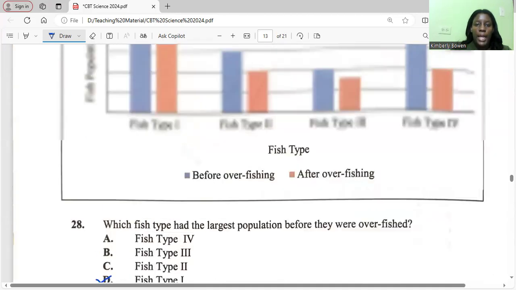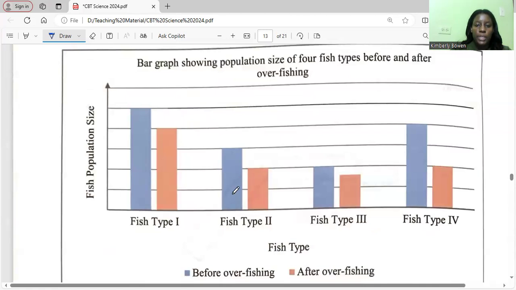I can see how many of us might have a challenge with this one because we're seeing where it's 2 times here. Right, so this is 2 and this is 4. But this isn't the number of fish that was caught. This is just the fish population after the overfishing, all right? So that's not the correct answer.